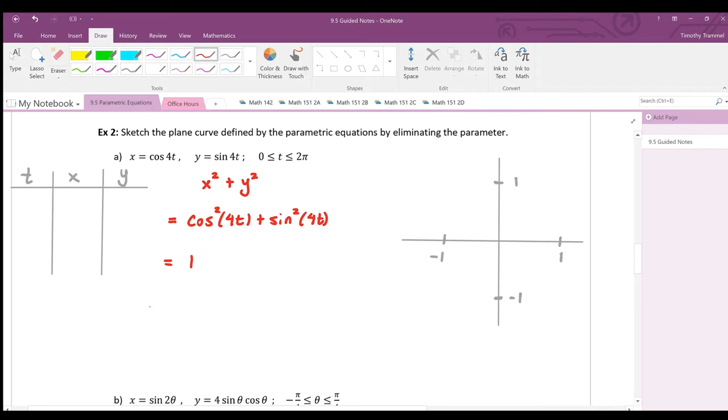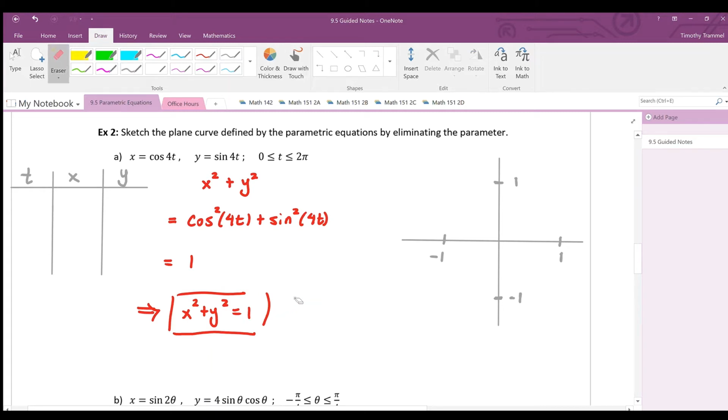So what this tells you is that you have x squared plus y squared is equal to 1. We've eliminated the parameter. We just have x's and y's, there's no more t's, right? T is the parameter. Okay, the t's gone. So the question is, well, what is this shape?